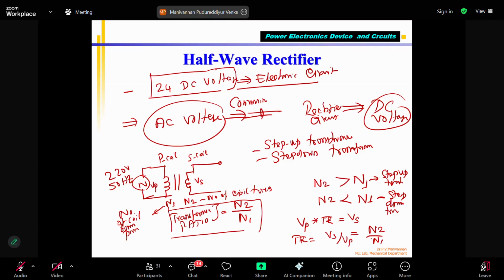You can write the transformer ratio as the number of secondary turns divided by primary turns, called TR. Okay. Now, if TR is less than 1, it is a step-down transformer.